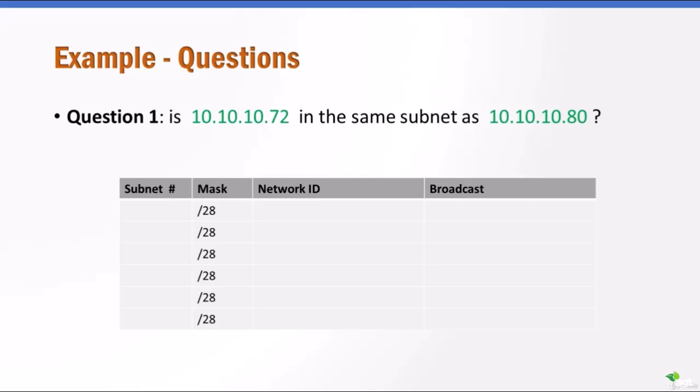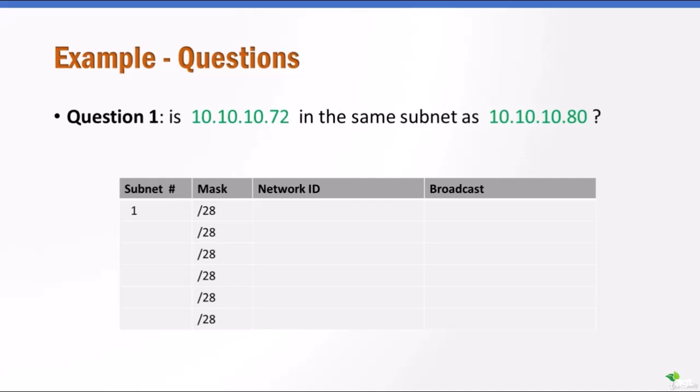A short reminder here. We started with /24 because we had a class C network in the beginning. And then we decided to use 4 bits for our host portion and 4 bits for our subnetting portion. So the subnetting portion becomes a part of the network portion. So we're going to use /28 because we had 24 bits in the network portion plus the 4 bits we used for subnetting.